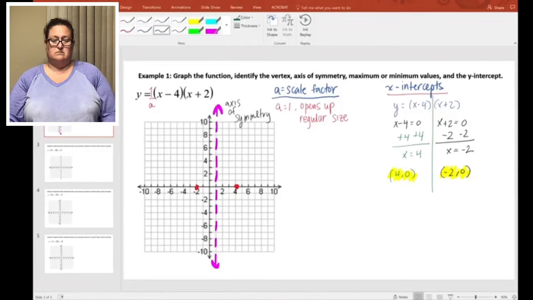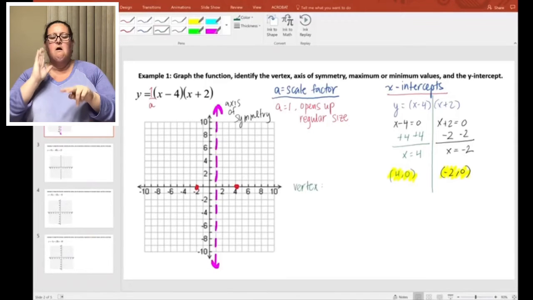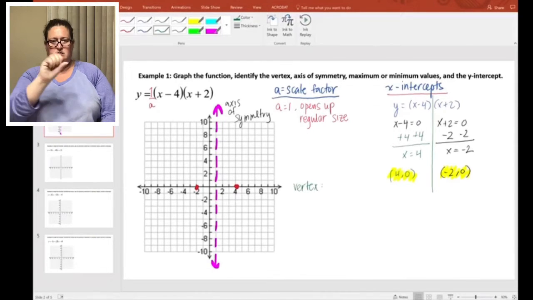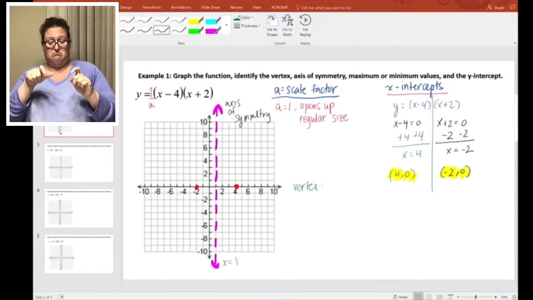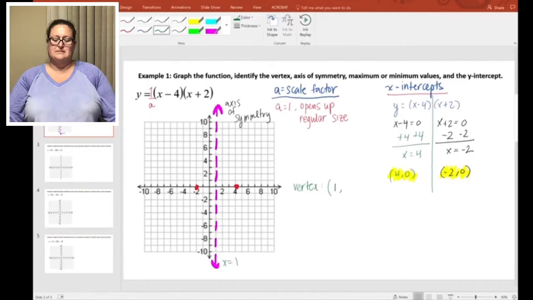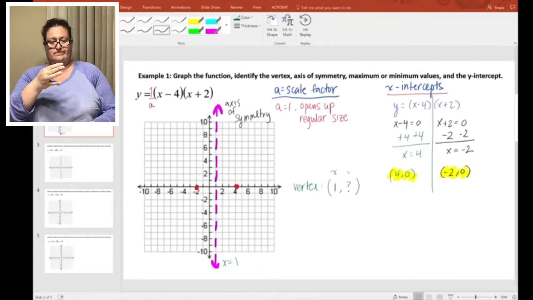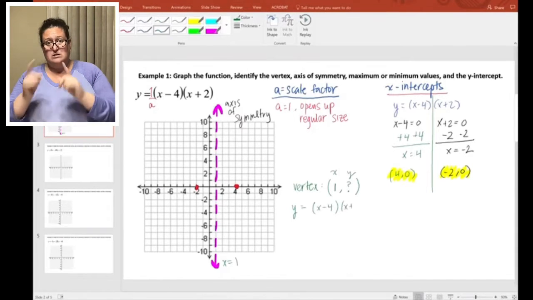Now we need the vertex. So I know that our vertex is going to fall on the axis of symmetry. The x-coordinate of my vertex is where the axis of symmetry is at, which is 1. To find the y-coordinate, we need to take our x value and plug that into our equation. So the equation is y equals x minus 4 times x plus 2.